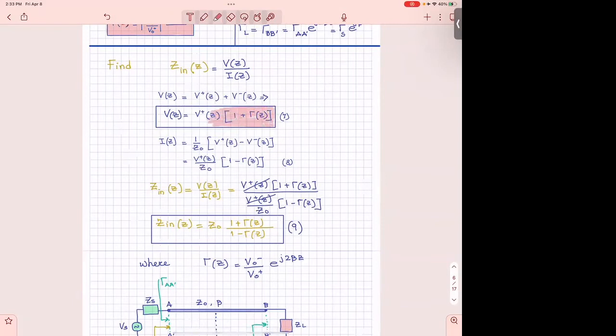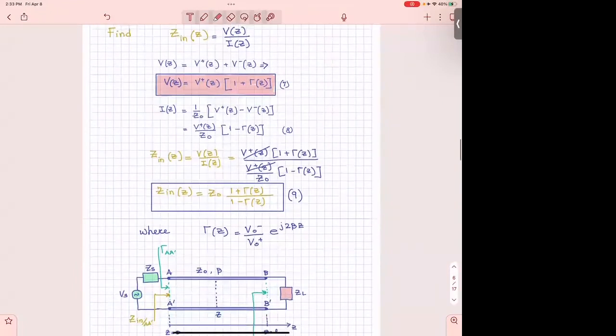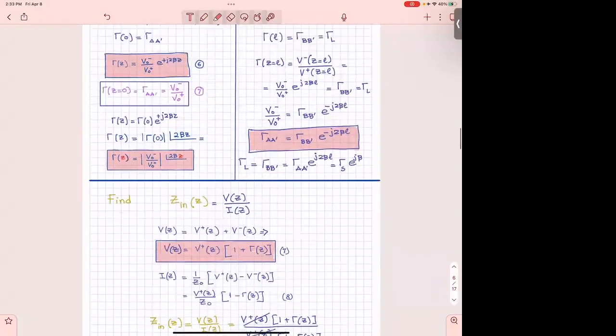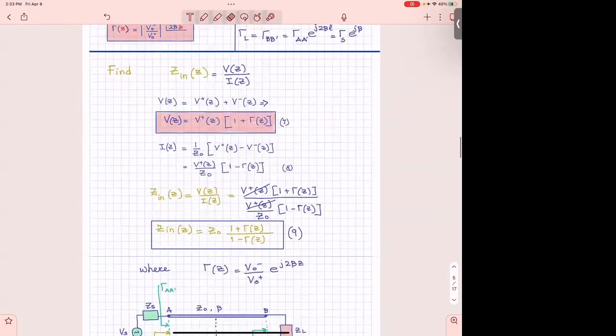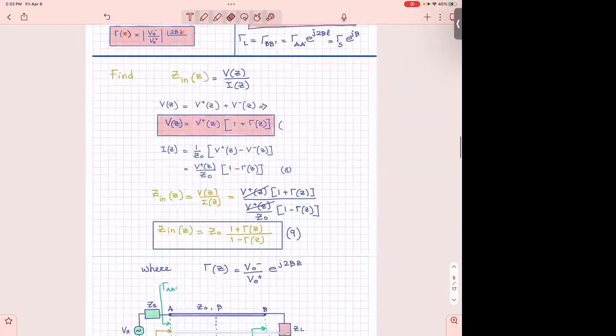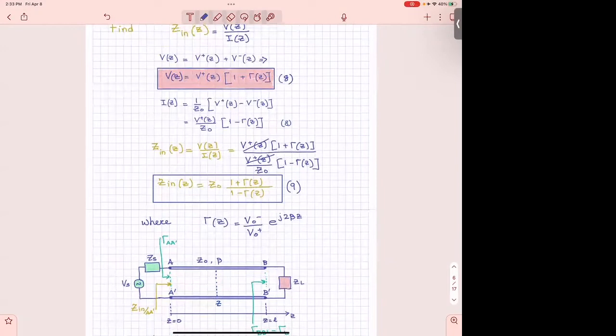See? And then you will do the same thing with the current. So why am I doing that? Because now I can write the voltage and current in terms of reflection coefficient, and then the impedance eventually. So the same thing with 7. Let's put here 8. I can do the same thing for the current. Call that 9 here.